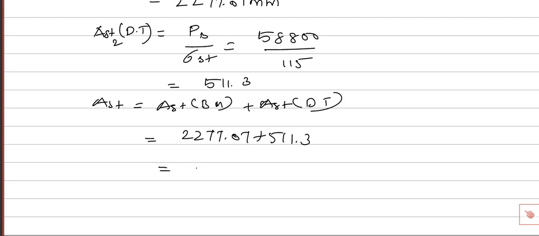So here, what is that? 2788.37 mm square. So let's calculate the diameter and spacing of the bars. Now use the same steps as previously, using 20 mm dia bars.